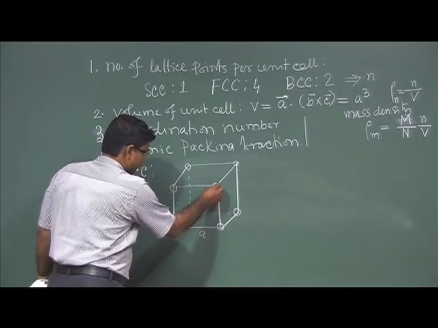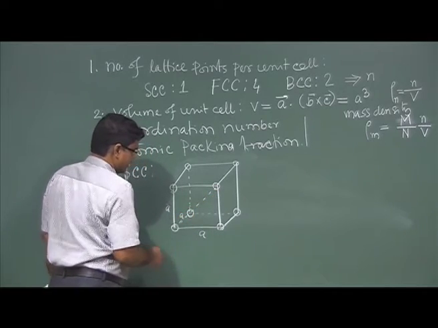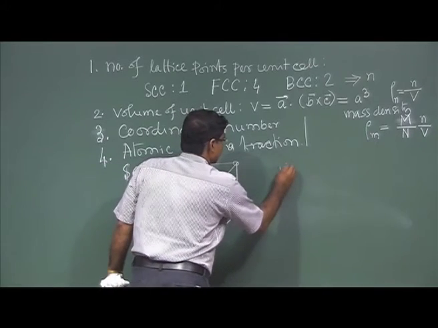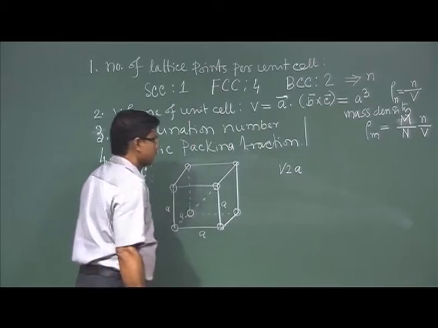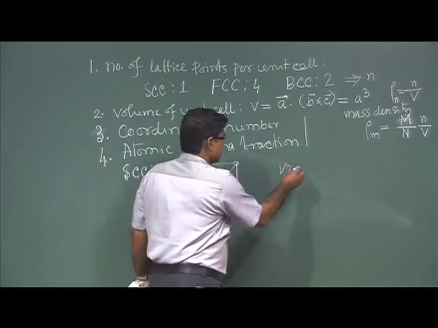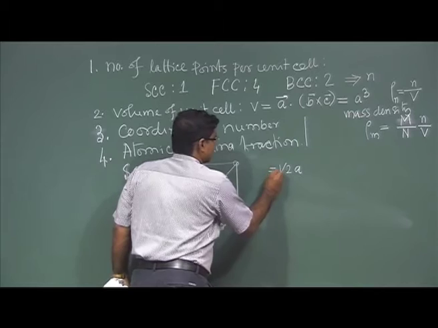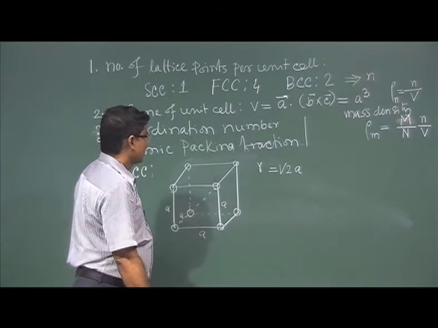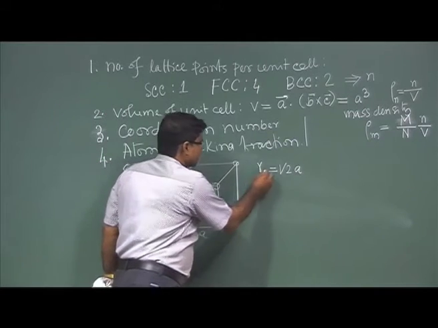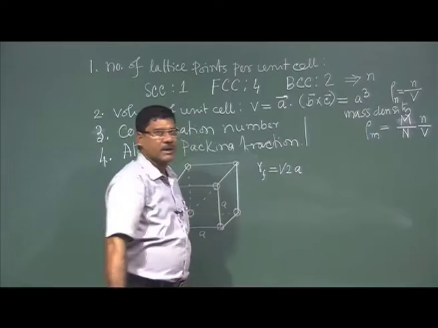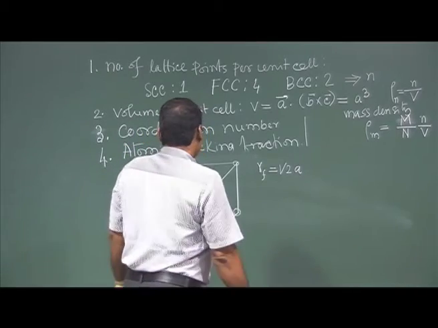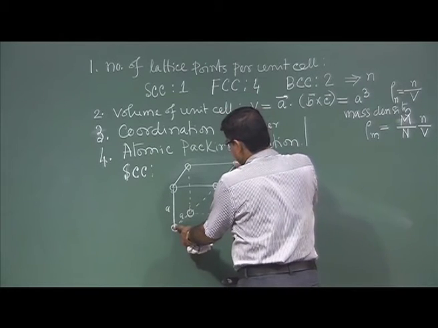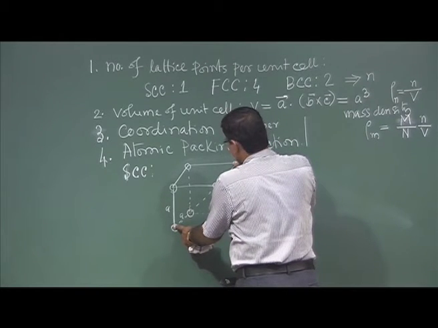One can calculate: if this is a, this is a, then this will be square root of 2 a. So I can write that distance between two atoms along the face diagonal, say R F, is root 2 a. What will be the distance between these two atoms along the body diagonal?